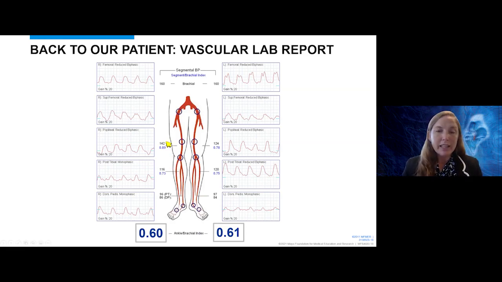And if we're looking at her segmental pressures, from her upper thigh at the femoral, segmental pressure was 142, and then down at the popliteal dropped to 116. So that certainly is a significant drop in blood pressure concerning for an area of stenosis.